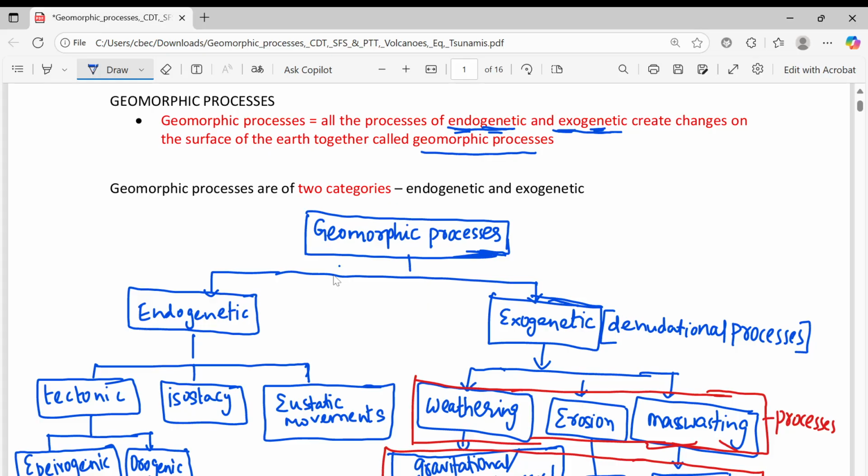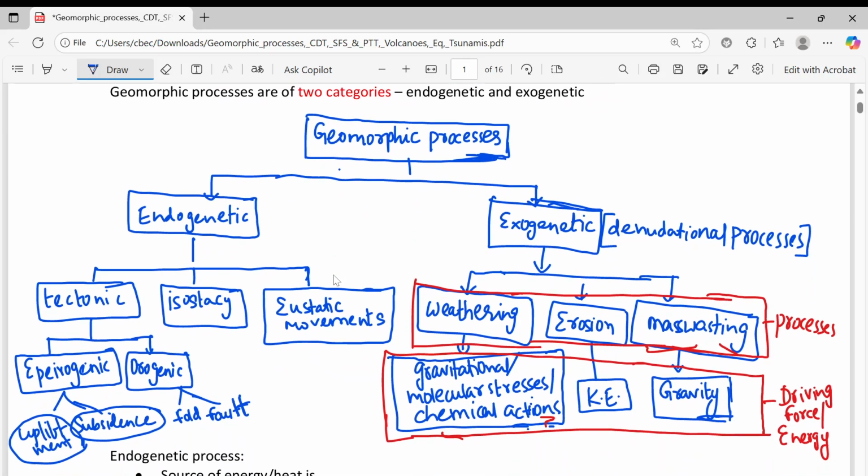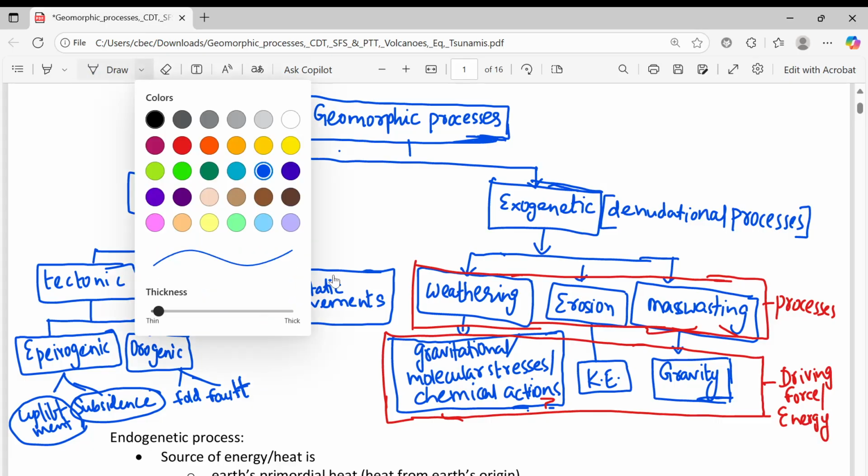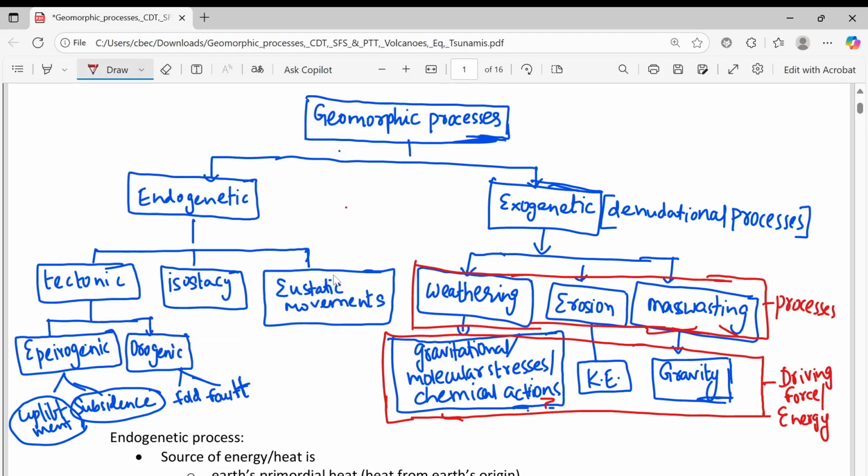So here in the geomorphic process diagram I drew, you see carefully. These are endogenetic, meaning happening inside the earth.